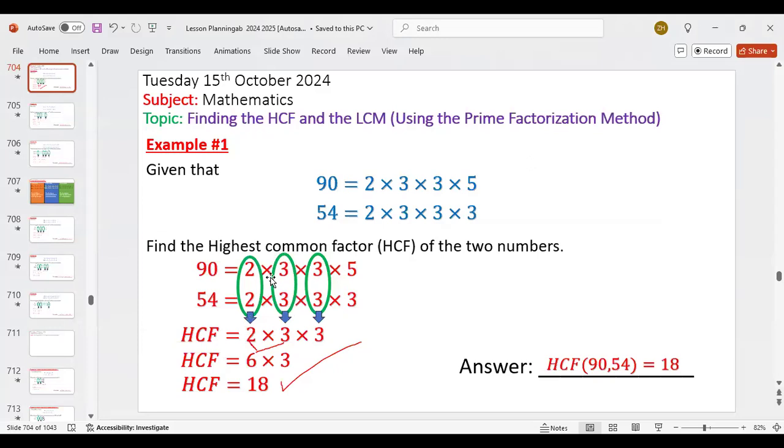We group these 3s and it counts for 1, 3. We group these 3s and it counts for 1, 3. Next, we say 2 times 3, which gives us 6. And then 6 times 3, which gives us 18. So the highest common factor of these two numbers is 18.